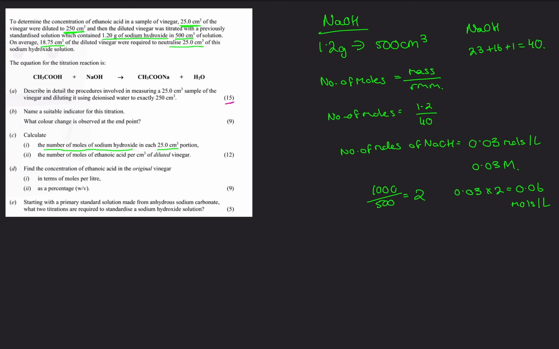Now the question asks, how many moles of the sodium hydroxide is in each 25 centimetres cubed portion? So we have how much is in a litre. So next thing, how many 25 centimetres cubed is in a litre? 40. Okay.